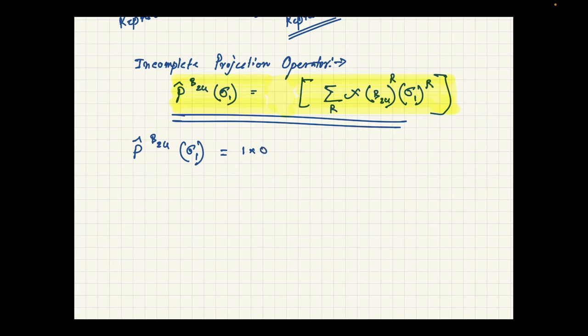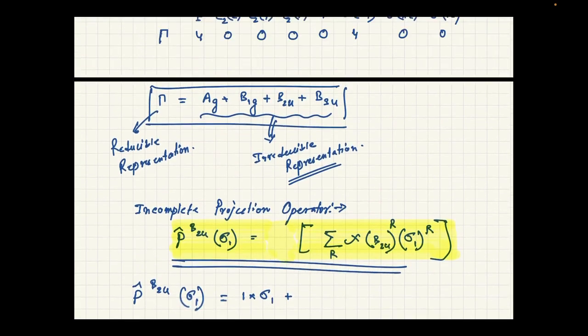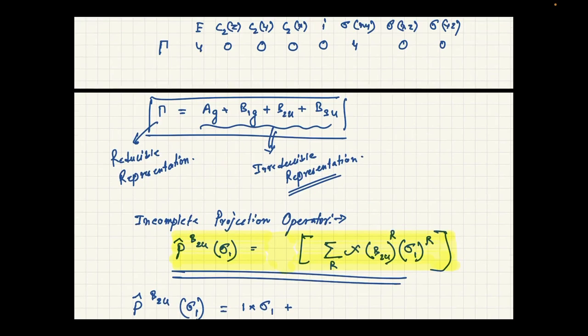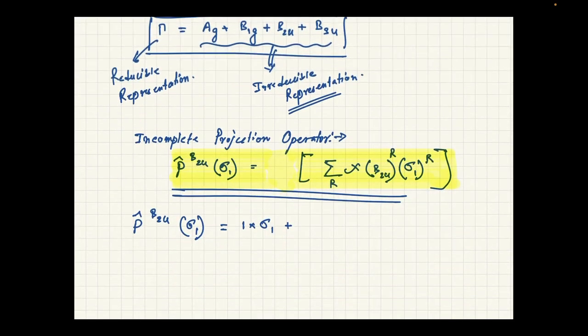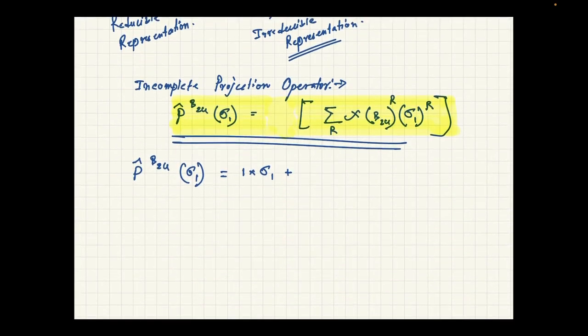So 1 times sigma 1, then plus the character of C2Z under the B2U representation, which will be minus 1 times sigma 1 under C2Z.